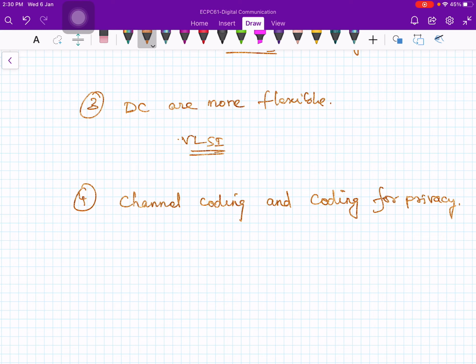One type of coding particularly relevant here is channel coding. We can use channel coding to combat whatever little effect the noise may still produce. And you can also do coding for high fidelity.